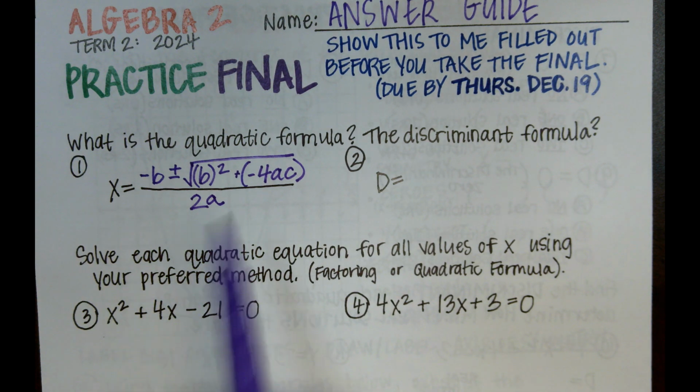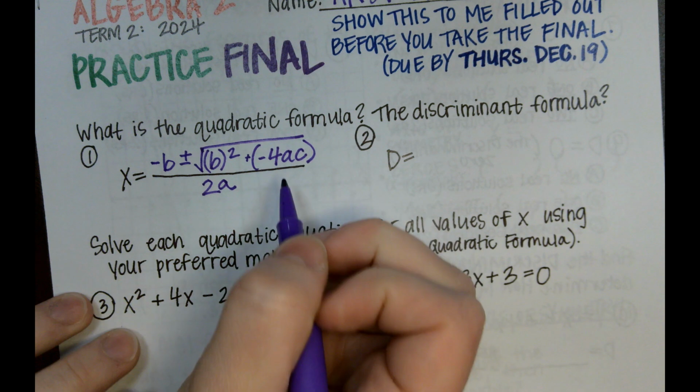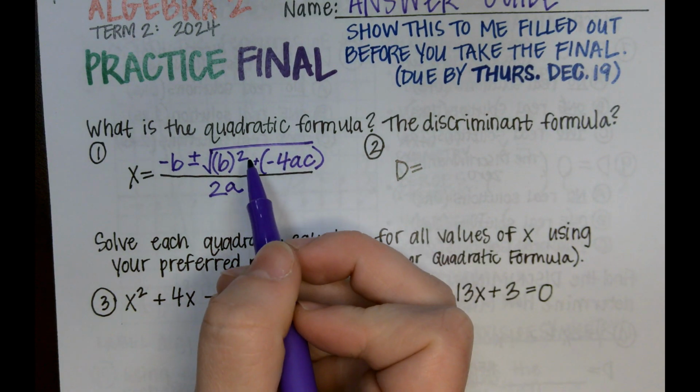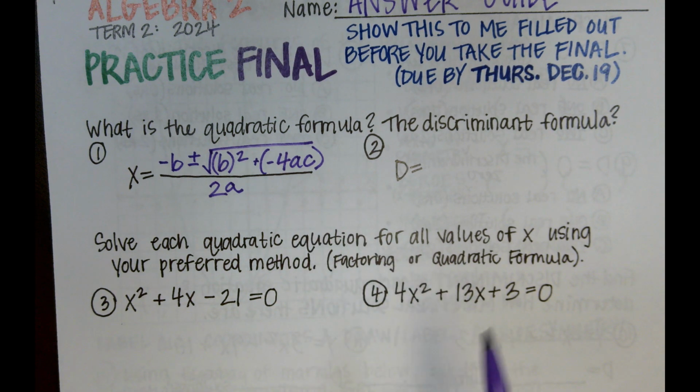Beautiful. So this is a way to put the quadratic formula. You could also just write minus 4ac instead of plus negative 4ac. Both are correct. So there's our quadratic formula.